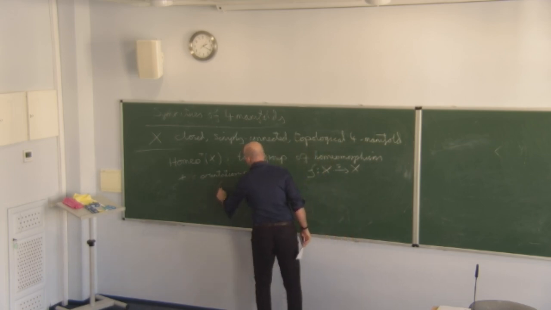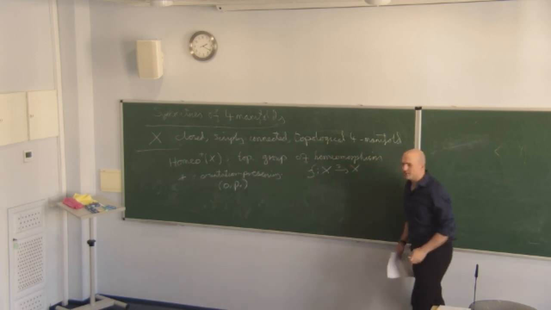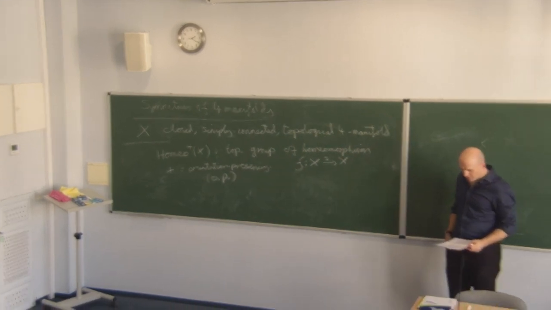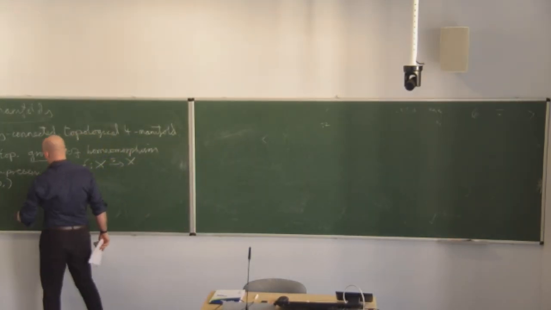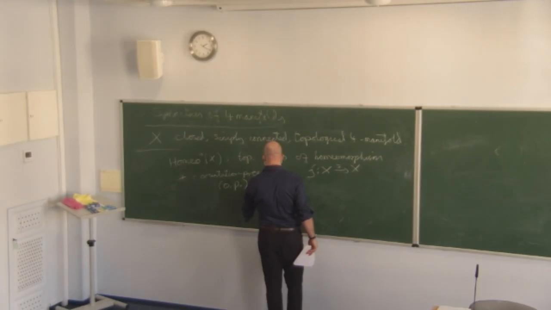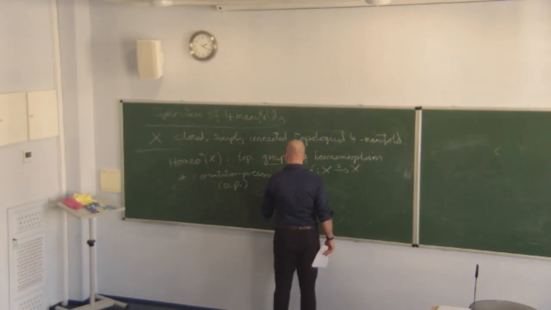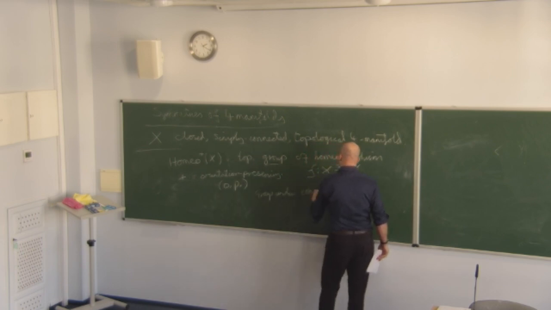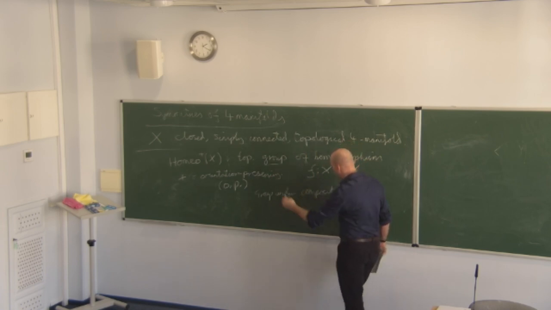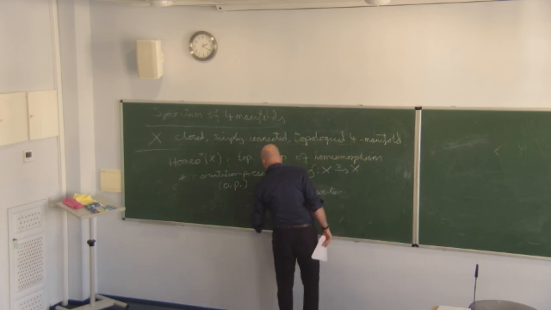Orientation preserving is always, from now on, just going to be called OP, because I don't like writing orientation preserving. This is a group because we have composition. We can compose homeomorphisms, they have inverses, and for the topology we use what's called the compact open topology.